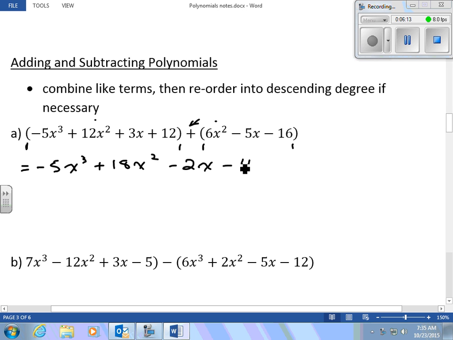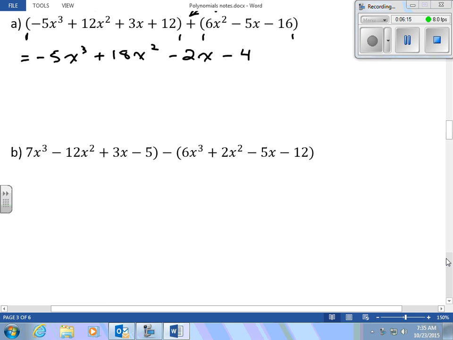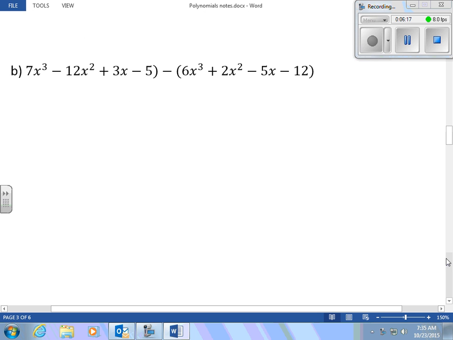In this second example where we're subtracting the polynomials, and I see I left out a parenthesis on the first example here. When we're subtracting polynomials, we need to think about how we subtract each of the terms in the second polynomial.